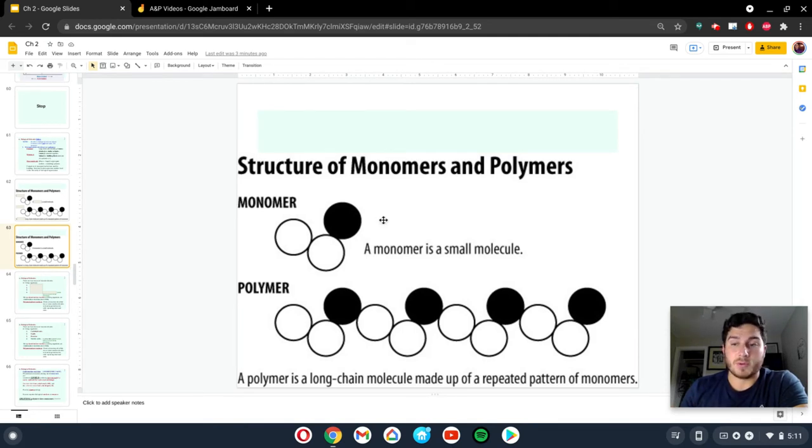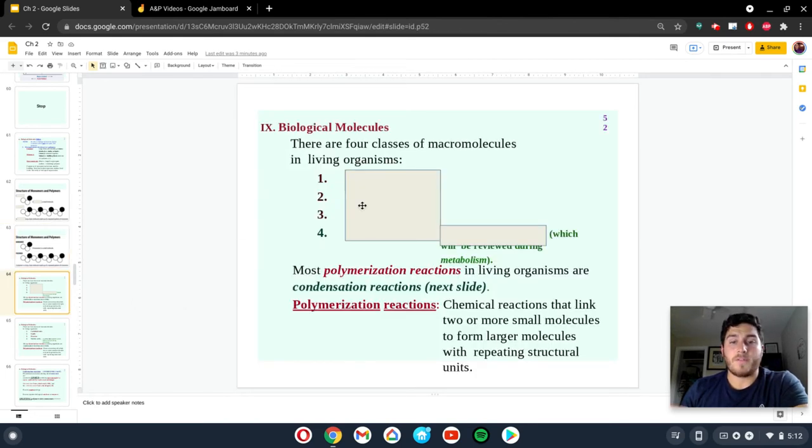For example, glucose. Glucose is a great monomer, and it's made of many things. In fact, it's made of 6 carbons, 12 hydrogens, and 6 oxygens. I struggle with that. So that's the idea: monomers are single, polymers are chains. There are 4 macromolecules that we're going to talk about in this class, 3 of them right now, 1 of them later on.